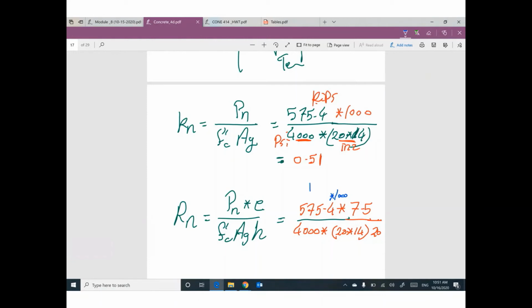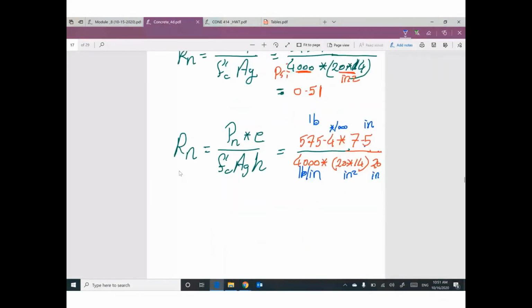This one in inch, that's fine. This one is inch pound per inch, that's fine. This one in inch square, that's fine. So everything in pound, everything in inch, you are good. This value will be 0.2.